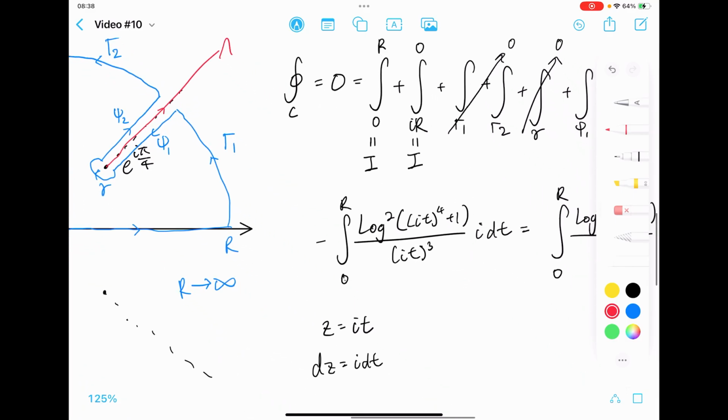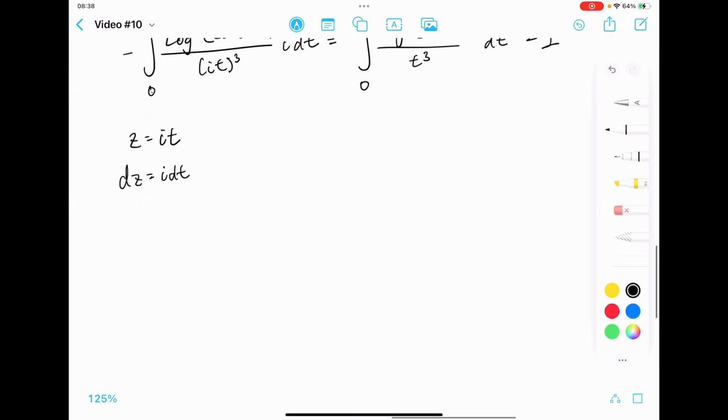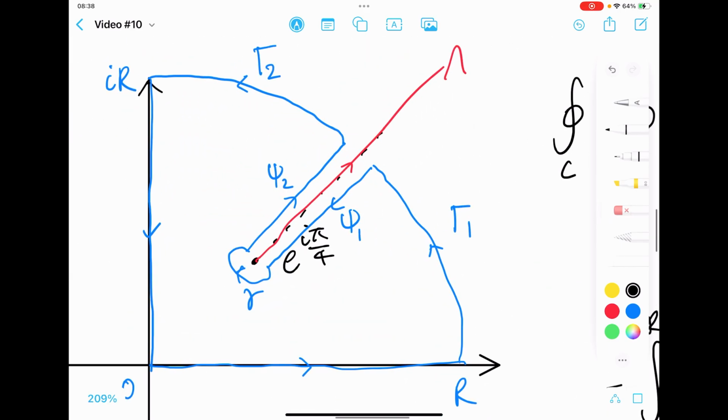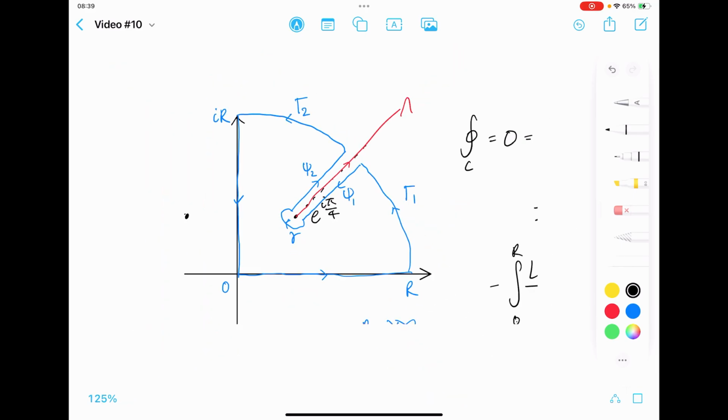So if I were to write this out, psi 1 plus psi 2 is going to be equal to negative lambda for psi 1 and positive lambda for psi 2. Now, these might look like they can cancel out, but they can't, because, well, psi 1 and psi 2 do have the same modulus, but they don't have the same argument, so we'll have to be super careful here.